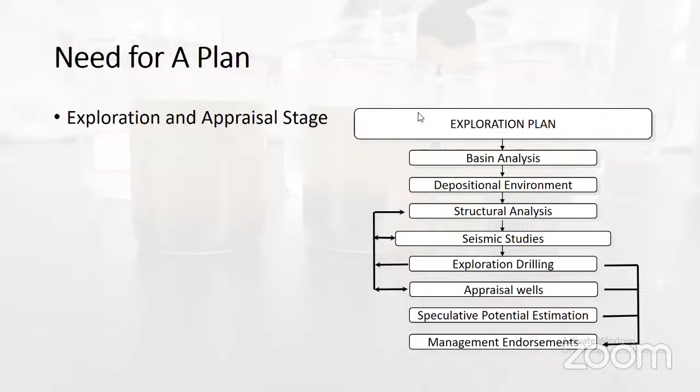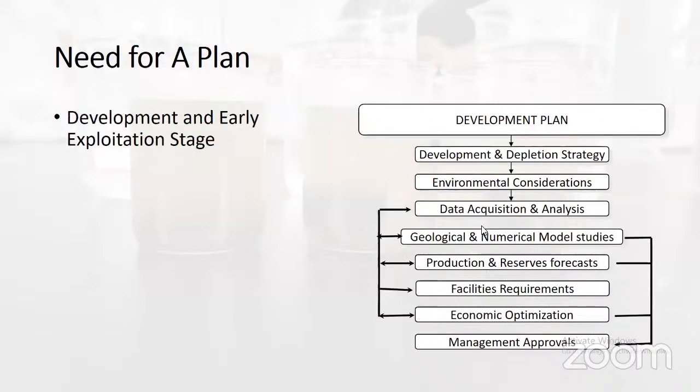Then the next stage, which is the development and early exploitation stage, is the main task for a reservoir engineer to optimize. First, the reservoir engineer will propose some activities for development and depletion strategy. Also, we will have a plan for data acquisition and analysis.